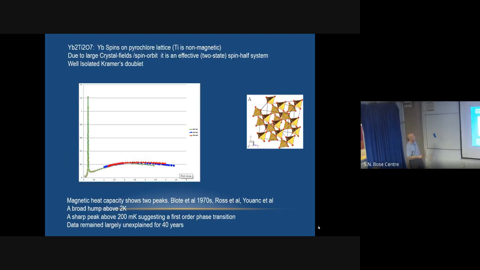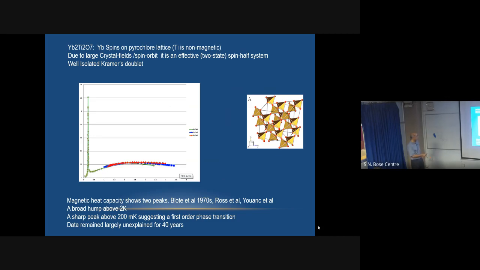Okay, all right. So the material that is best understood is this one over here, ytterbium titanium oxide. So this is a Kramers system. Okay, this is a doublet ion related by time reversal symmetry, and this experiment actually goes back to the 1970s. What you see is that the specific heat, this is a plot of the specific heat.